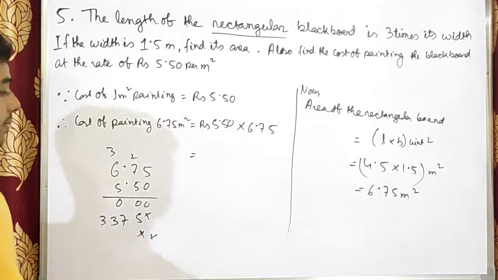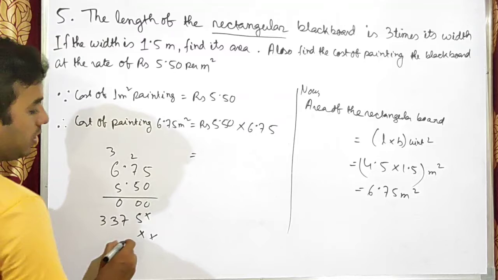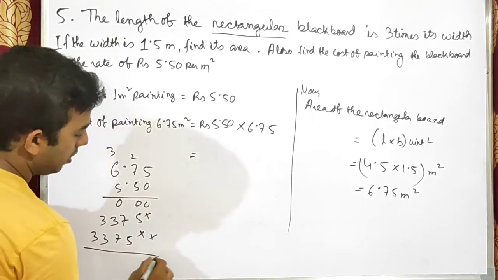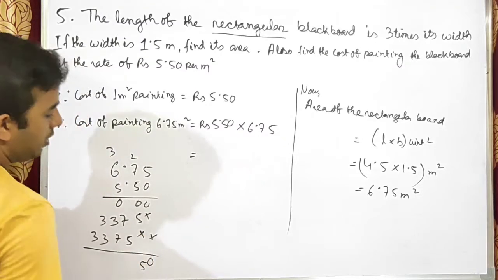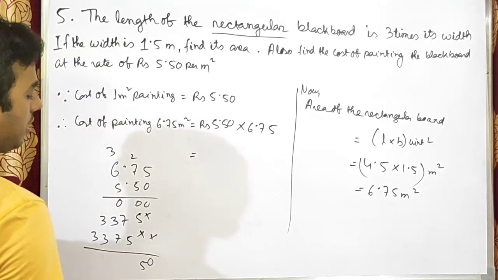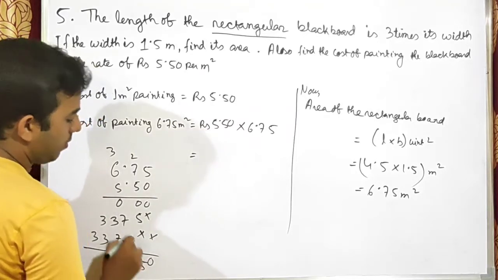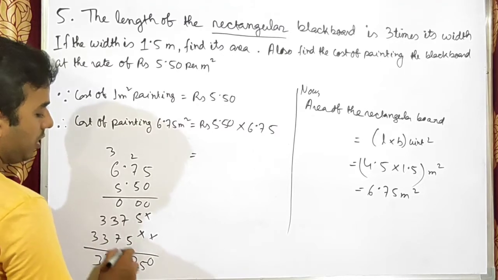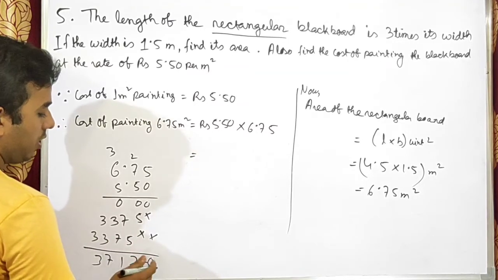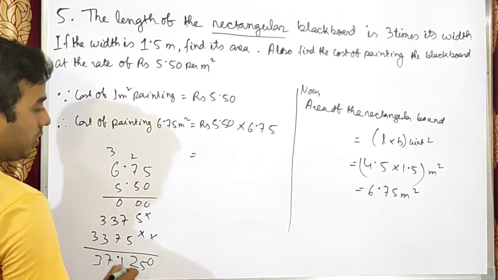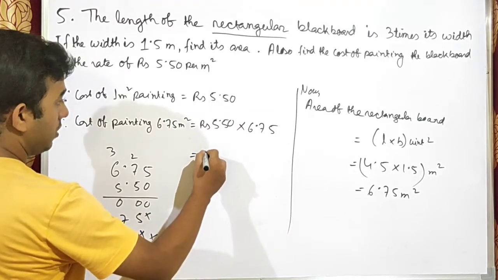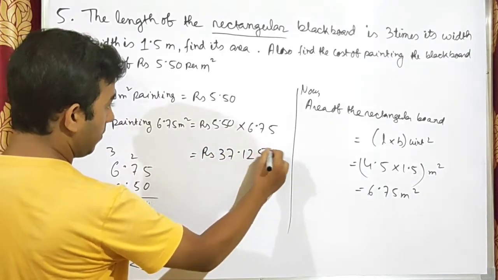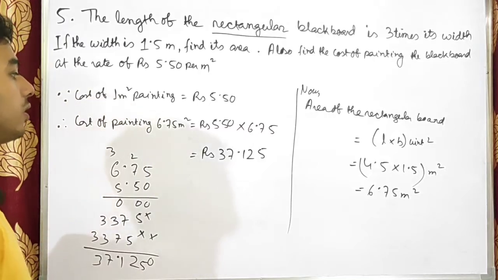Then 5 into 5 is 25... so 0, 5, then 7 plus 5... adding up, it equals rupees 37.125. Clear? So the cost of painting the board is rupees how much?